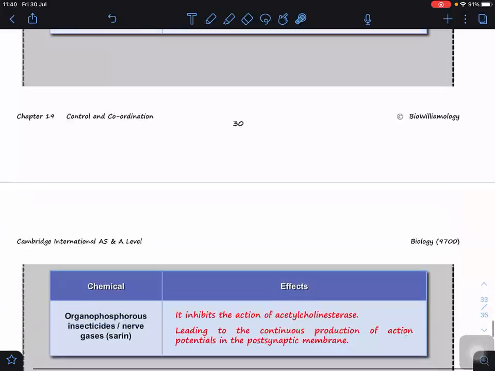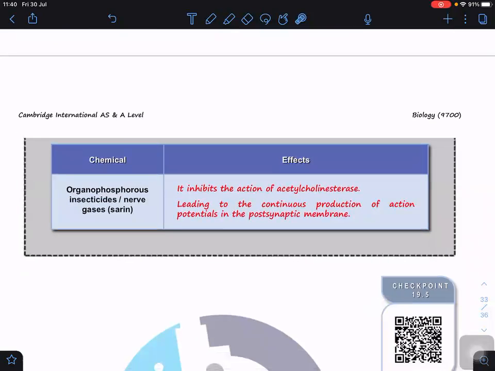Okay. The last one is quite important, because we're going to learn about this nerve gas called sarin. It's used by terrorists as a weapon. What will happen here is the sarin gas actually acts on the acetylcholinesterase. So it will block all the acetylcholinesterase, so the acetylcholinesterase won't be able to degrade or hydrolyze the acetylcholine.